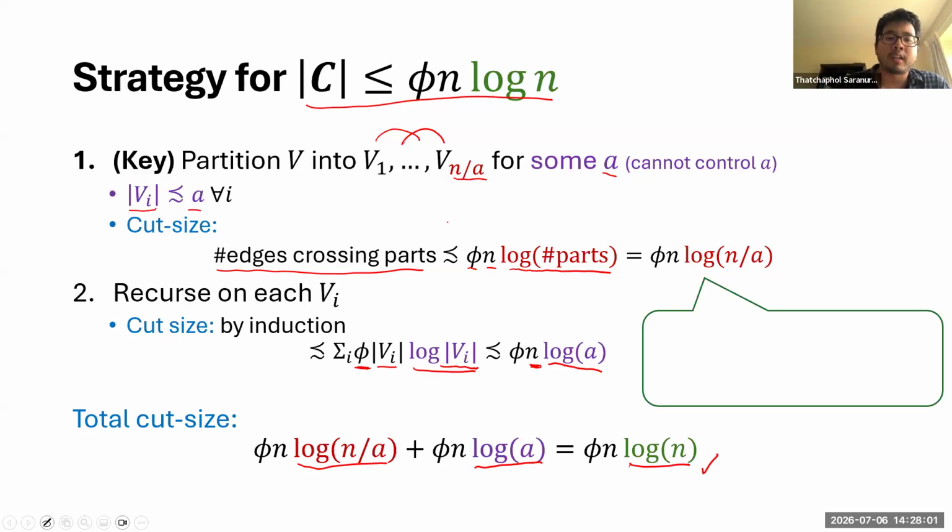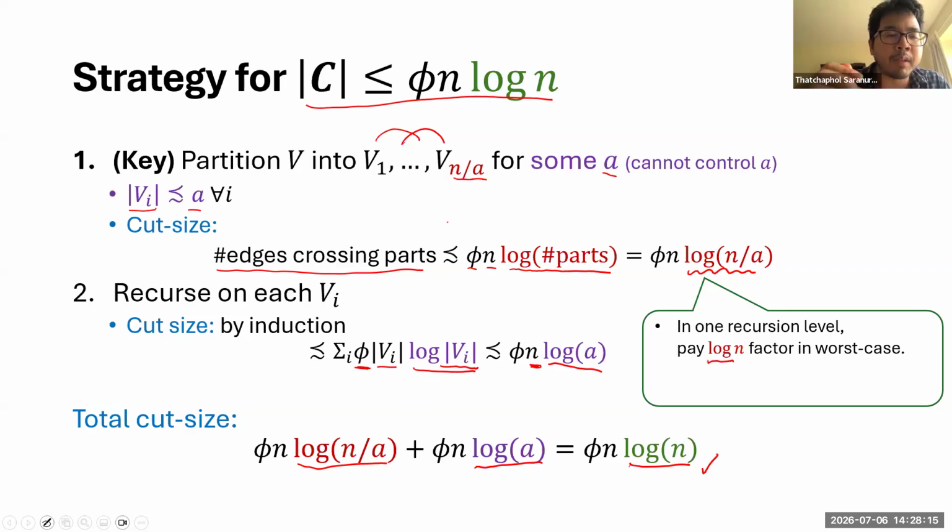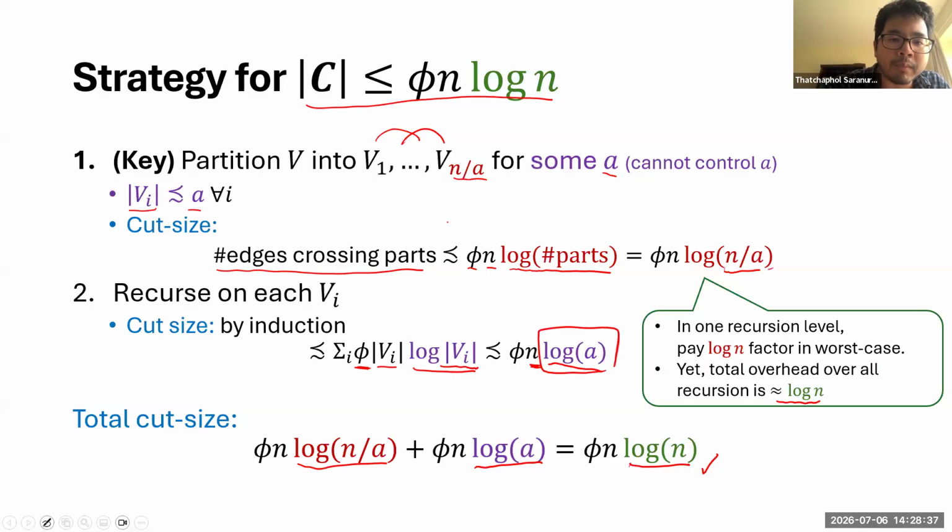By the way, I want to mention that in one recursion level, you can see that we still pay something like log n in the worst case. This log n is unavoidable because of the flow-cut gap. Yet, you can see that the total overhead when we sum over all recursion is still close to log n, because although this is at worst log n, we get some saving of log of n over a, and when we sum this and log a, it gives you log n.